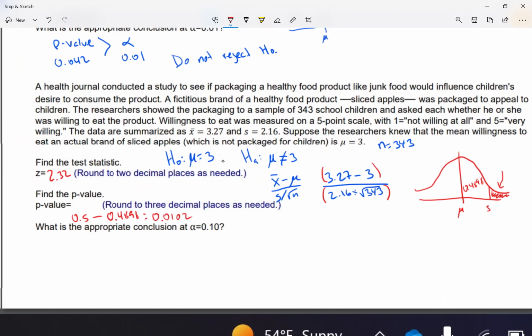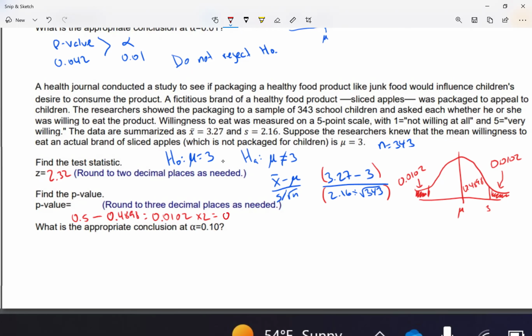According to my calculator, that is 0.0102. However, that's not quite my p-value yet, because I'm checking for not equal to, which means I also have this right here, 0.0102, and the same thing here, 0.0102. That's this shaded area, and I want to combine those two. So basically add them, or in my case, I'm just going to multiply by 2.